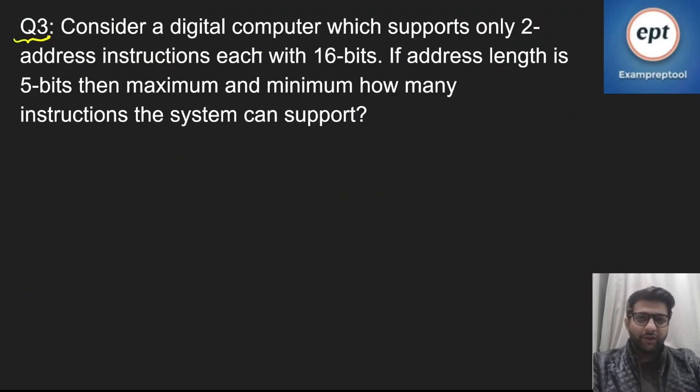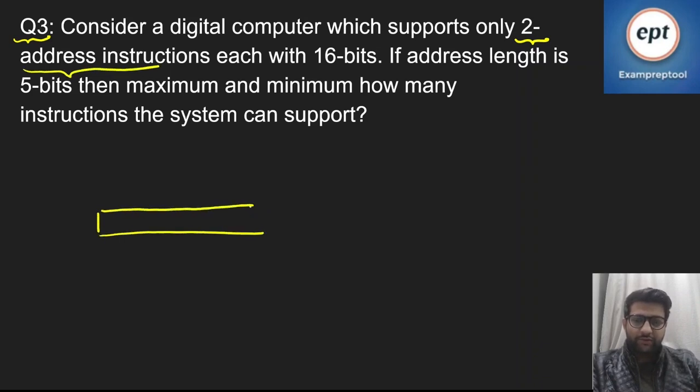So let's move on to question number 3. This is also a similar question. Just pause this video and try to solve this question on your own once. It is given that consider a digital computer which supports only two-address instructions. First of all, we will draw the instruction format. There will be one opcode and then two fields for addresses.